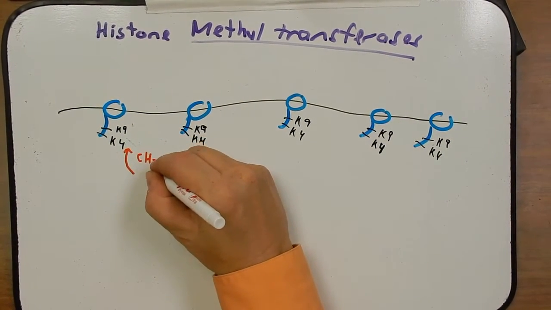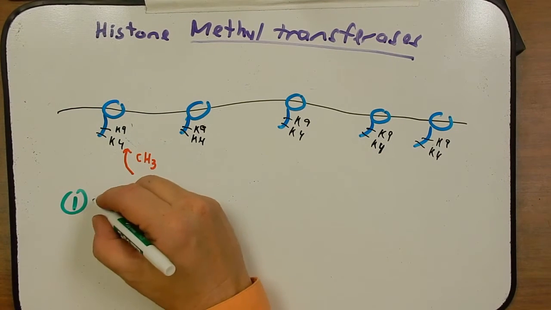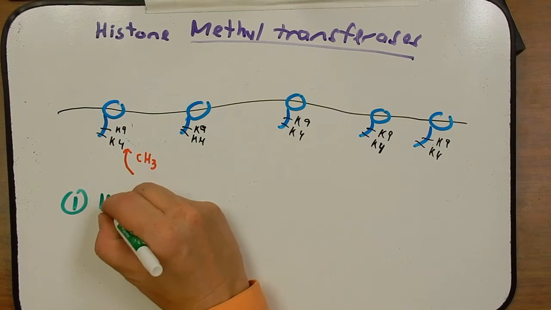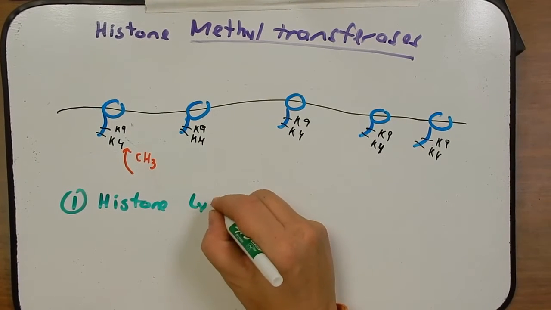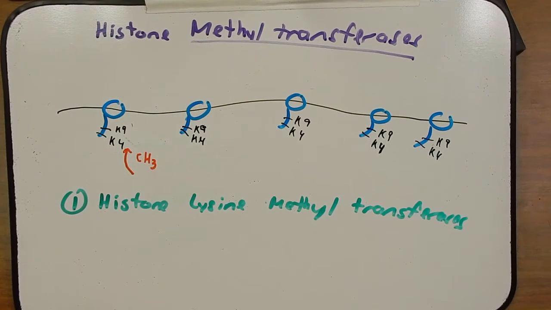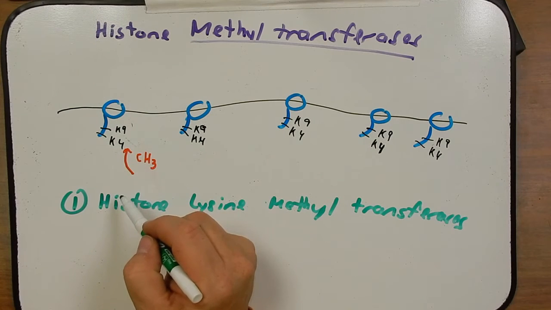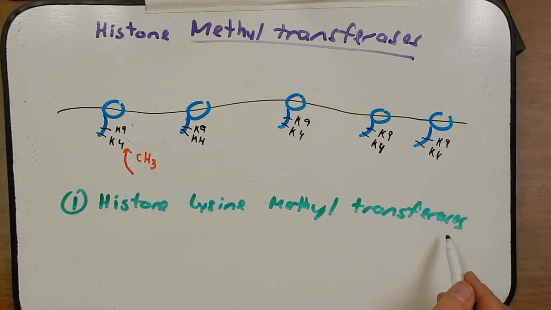a methyl group. Now I say lysines because that is one of the major methyltransferases. So let me list just real quick the 2 kinds of methyltransferases. The first are the histone lysine methyltransferases. And all this time that we've been talking about methylating these lysines, we've been talking about this class of enzymes.